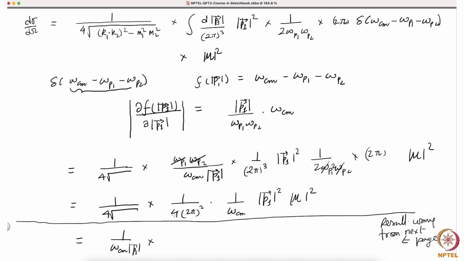Okay, so this 4 times 4 is 16, times 4 is 64, so 1 over 64 pi square. Okay, this omega cm makes it omega cm square. This P1 will cancel, so I will just cancel this one and write P1 and then mod m square. Somehow I should have gotten a mod. I have an extra P1. How come?